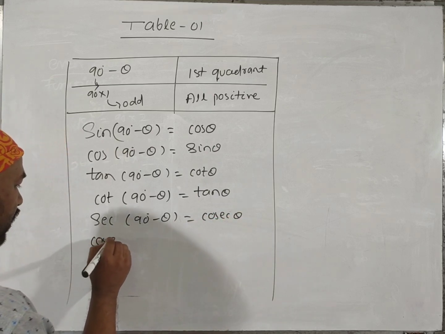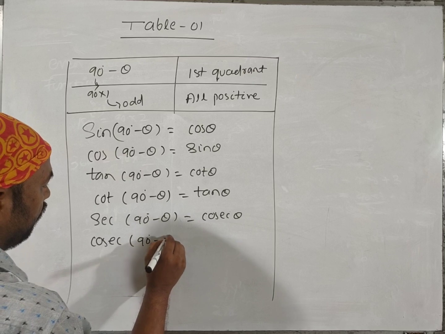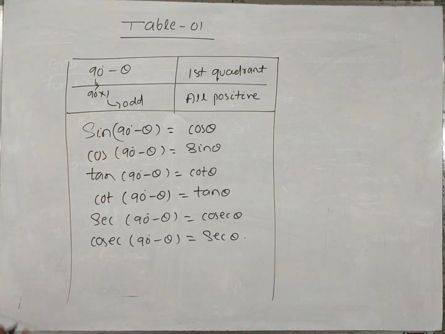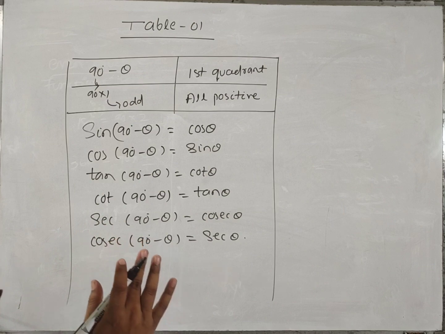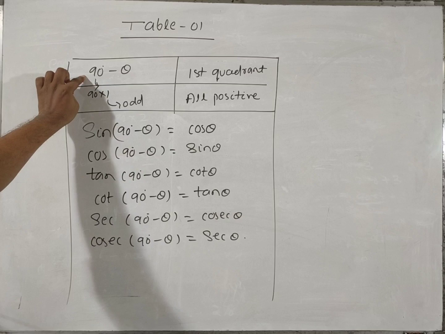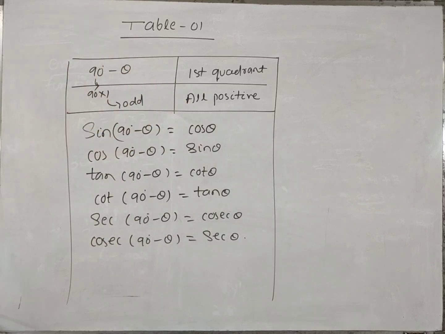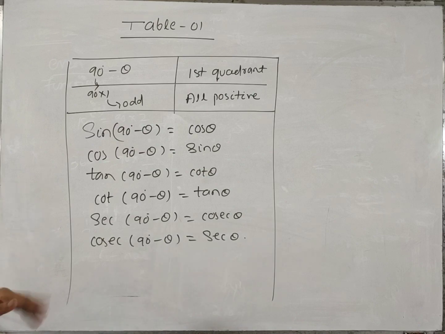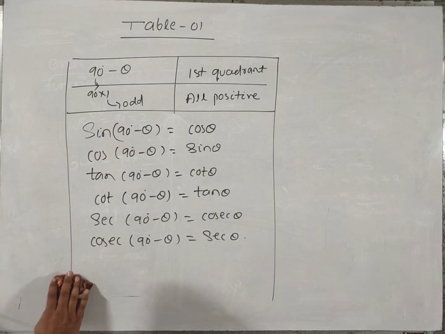Then cosec 90 degree minus theta is sec theta. So it is all about table number 1, which is very easy because this angle 90 degree minus theta lies in the first quadrant, and in the first quadrant all the trigonometric functions are positive. Then let us go through table number 2.